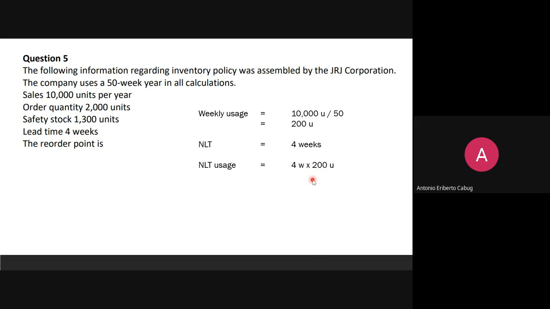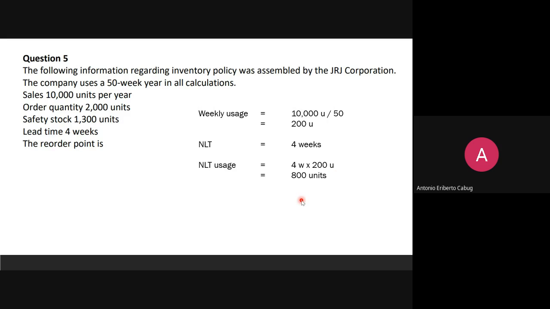From the time that we order until the order arrives, kokonsumo tayo ng 4 times 200, 800 units. I repeat, that's a span of 4 weeks. We will consume 4 times 200 units, 800 units.